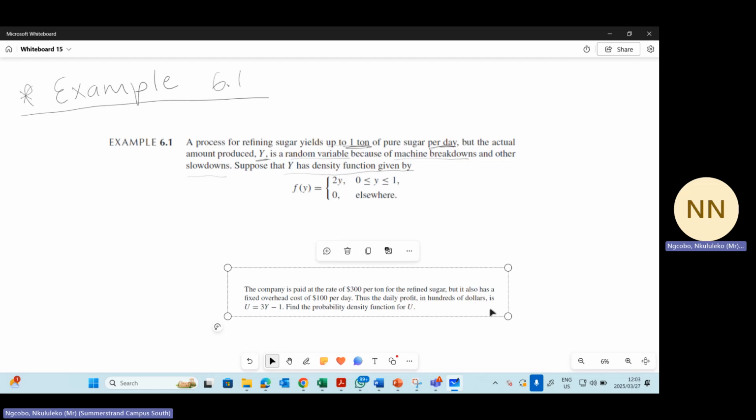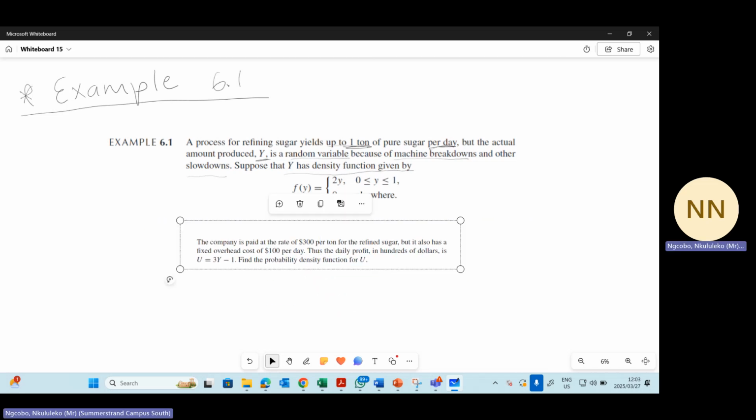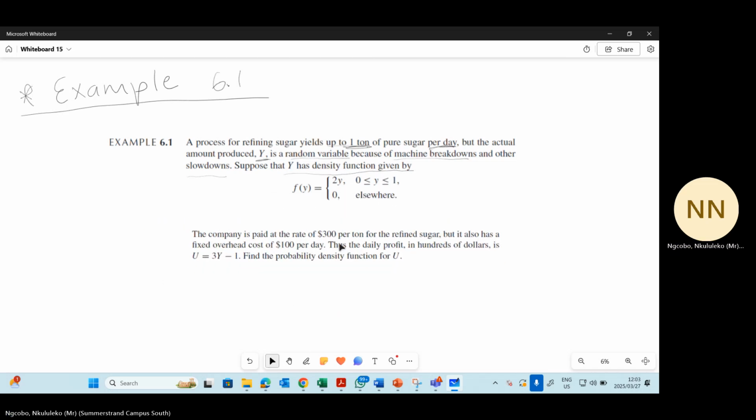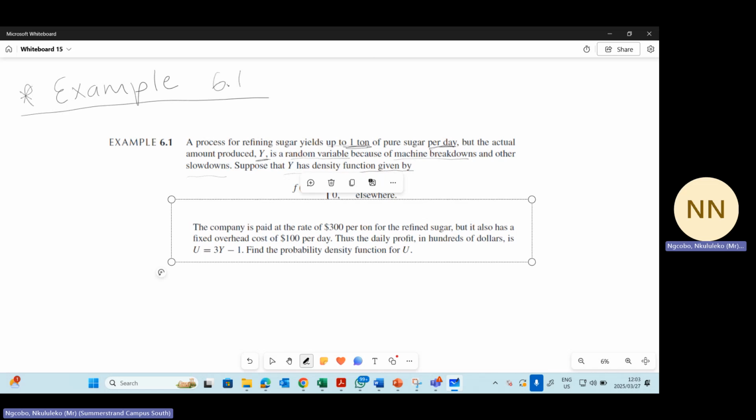You're also being told that the company is paid at the rate of $300 per ton for the refined sugar, but it also has a fixed overhead cost of $100 per day.